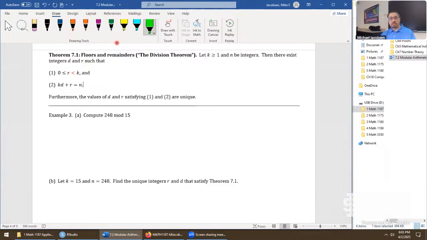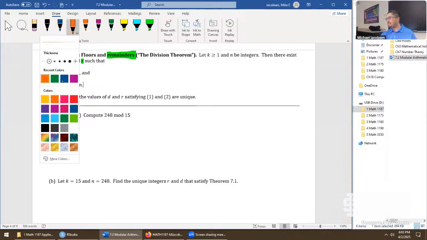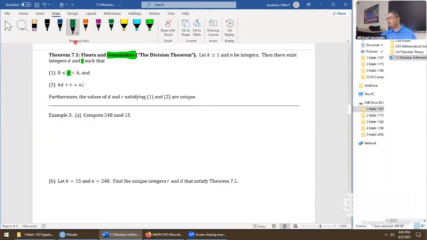Maybe starting with remainders. This is the thing we're more familiar with, I would say, thanks to the modular arithmetic we have been doing. When we talk about the remainder, we're talking about r, the quantity that could be 0, but is strictly less than k, and it's also an integer. So if that's the case, we have a lot to say about r.